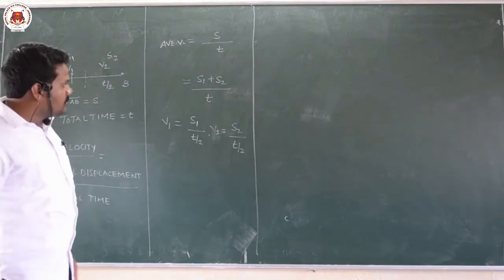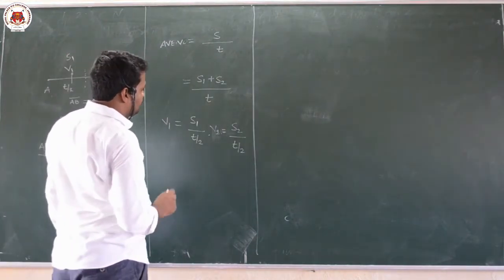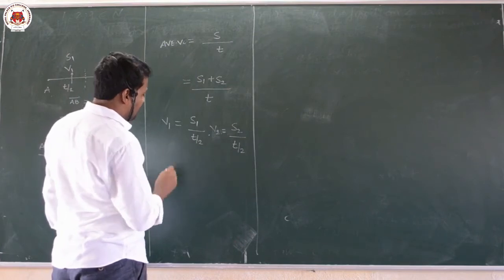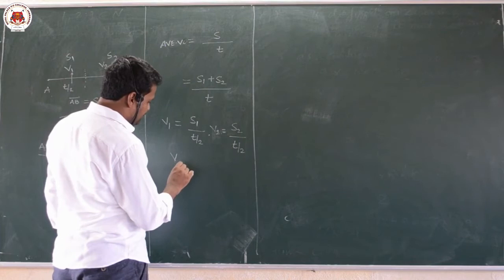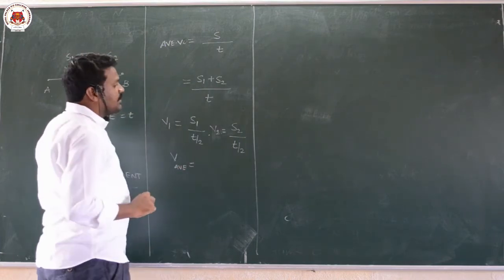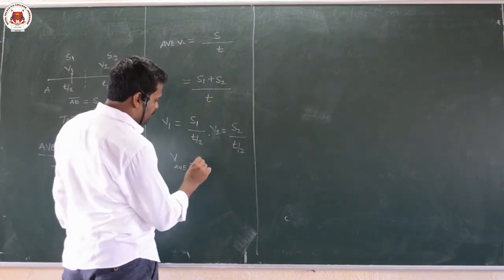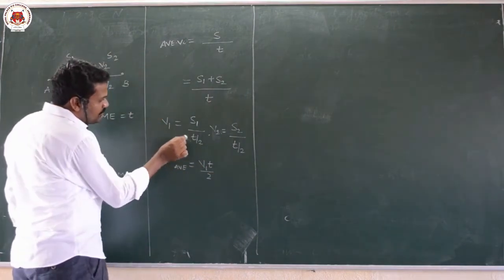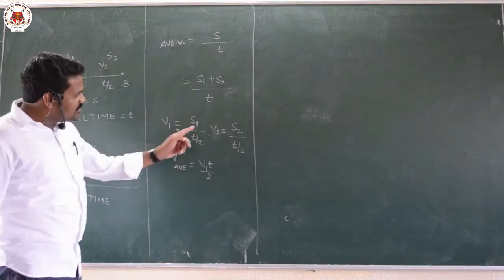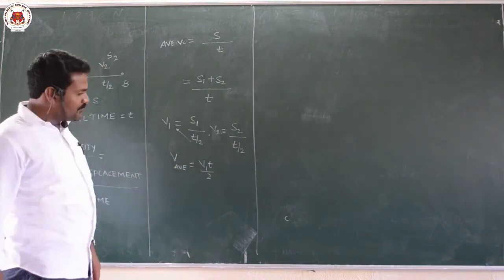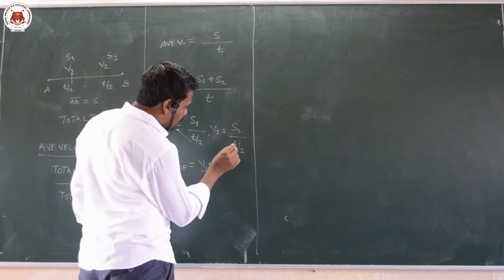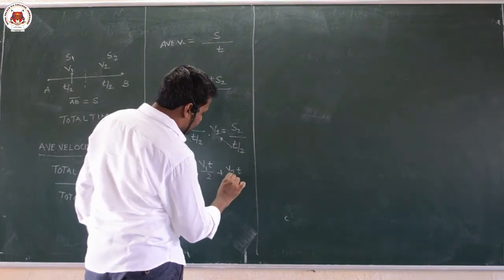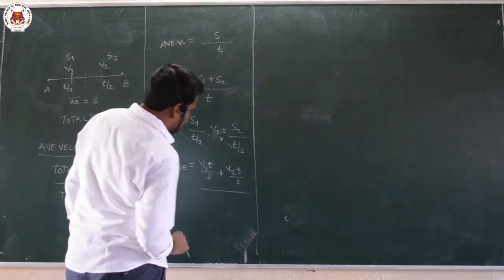Now let us write the average velocity. From this, cross multiplying, S1 is equal to v1 into t by 2, plus S2, which is equal to v2 into t by 2, all divided by t.